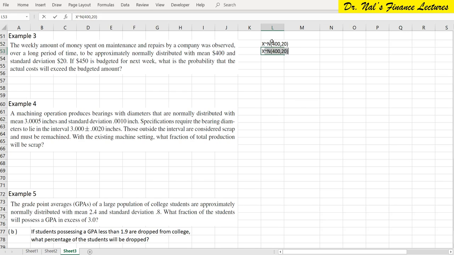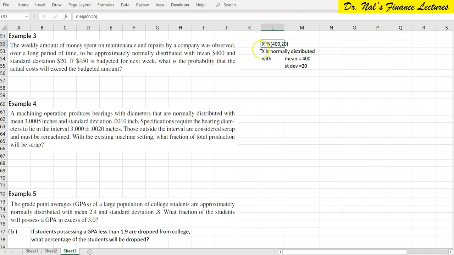What that means is X is normally distributed with mean 400 and standard deviation 20. All right, that's the meaning. So all these words are the same thing as this notation. The tilde sign means distributed, normally, and so on.